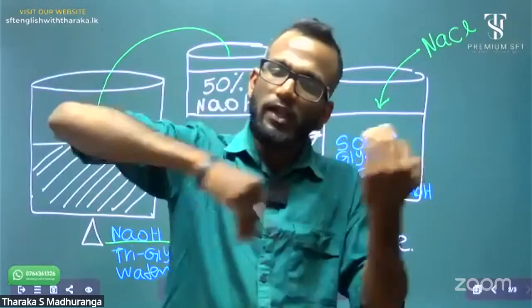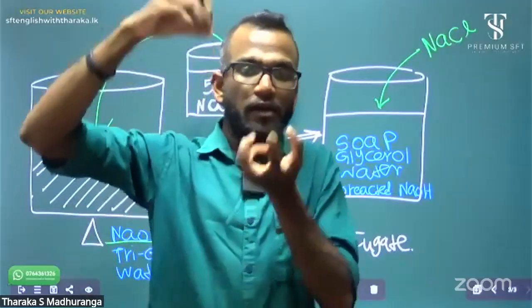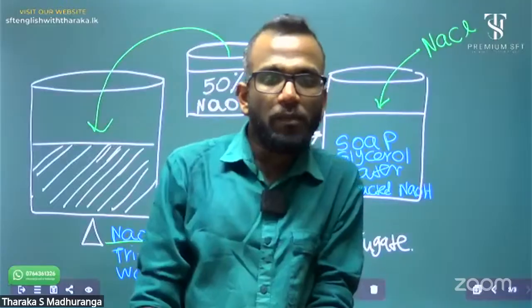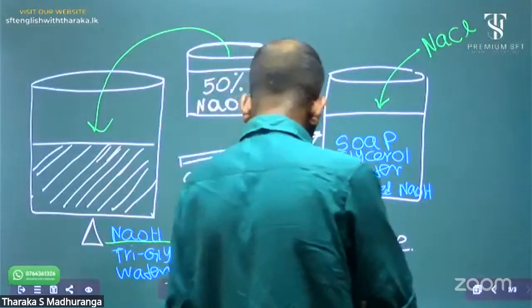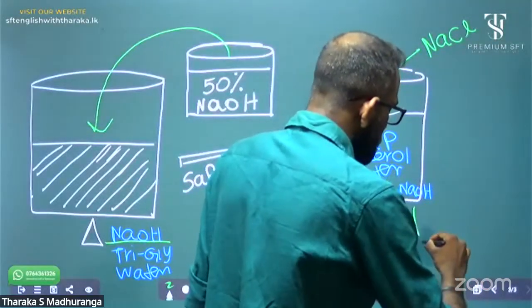In the rotation, what happened? High density particles, meaning dense glycerol particles, go down and soap particles stay up. In the centrifugation process, we can separate them.